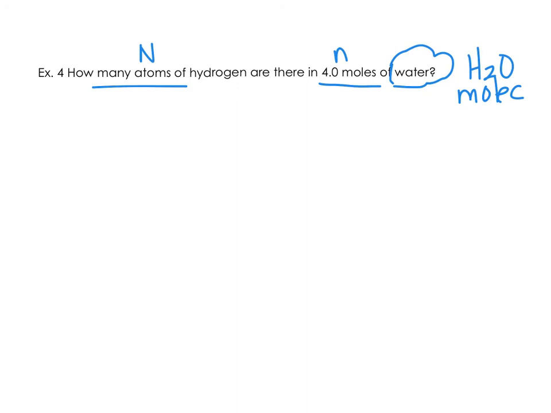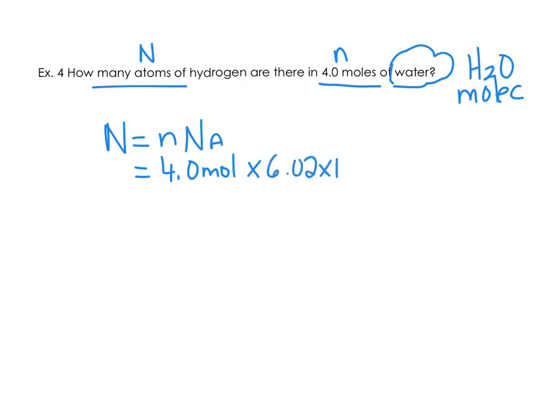So when we do N, we're not finding the number of atoms of hydrogen, we're finding out how many molecules of water we have. So 4.0 moles times Avogadro's number. So the particle is molecule per mole.